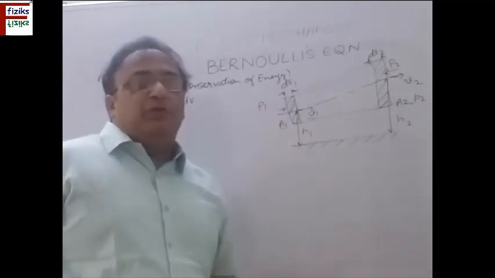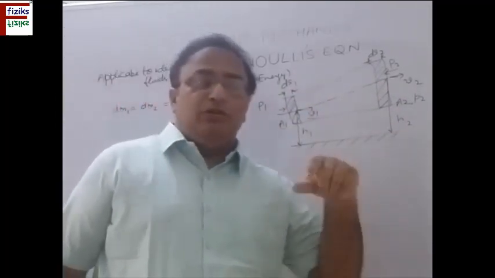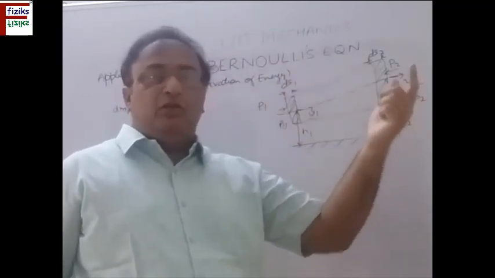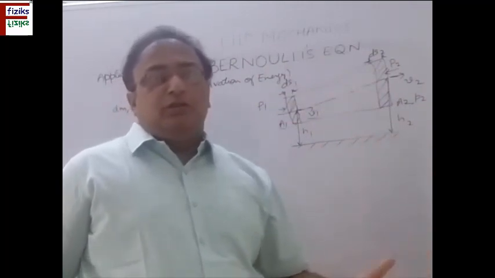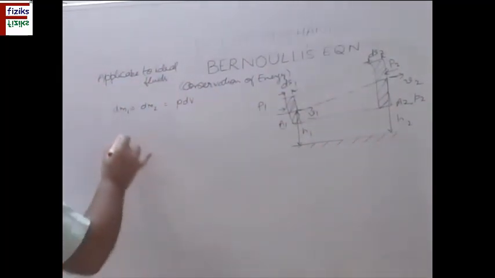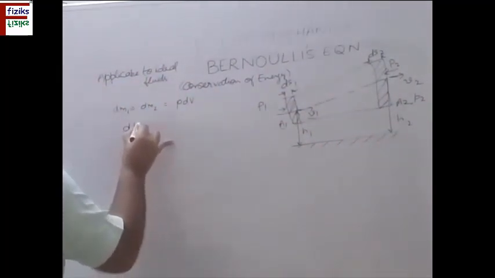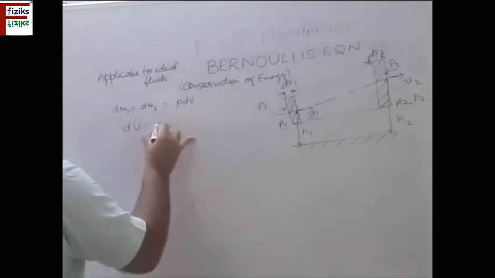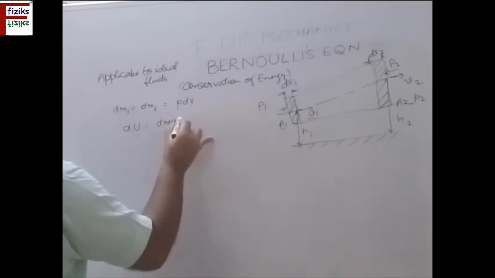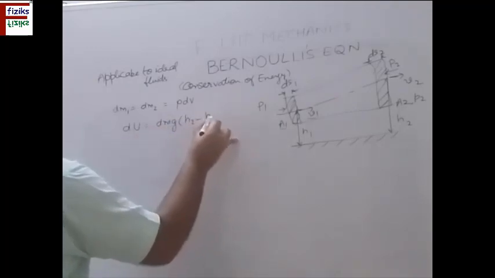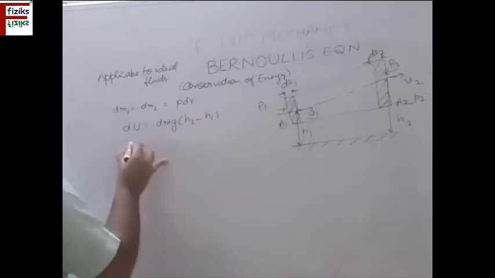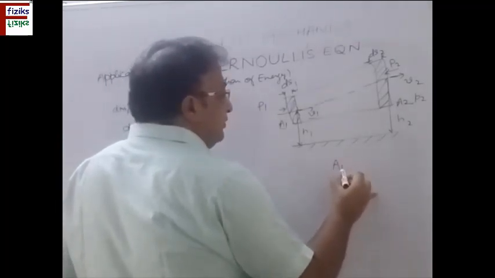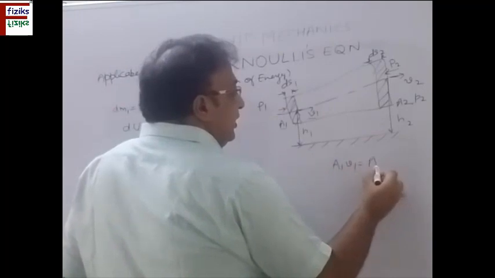So there is a change in potential energy depending upon whether the fluid is rising or being lowered. So the change in potential energy of the fluid, dU, we know is equal to dm g (h2 minus h1).